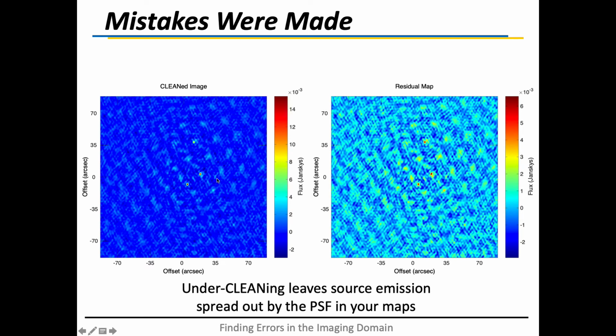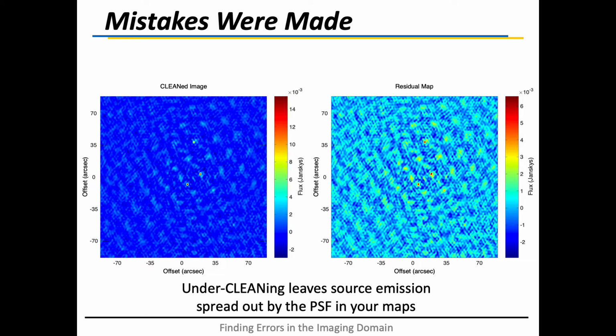Well, if I look at the residual map, I will notice very quickly that where I have bright emission in my clean map, I also have bright emission in my residual map. It almost looks like the flux that was in the dirty map hasn't been completely deconvolved out. So this may be pointing towards a problem with the deconvolution not going deep enough.